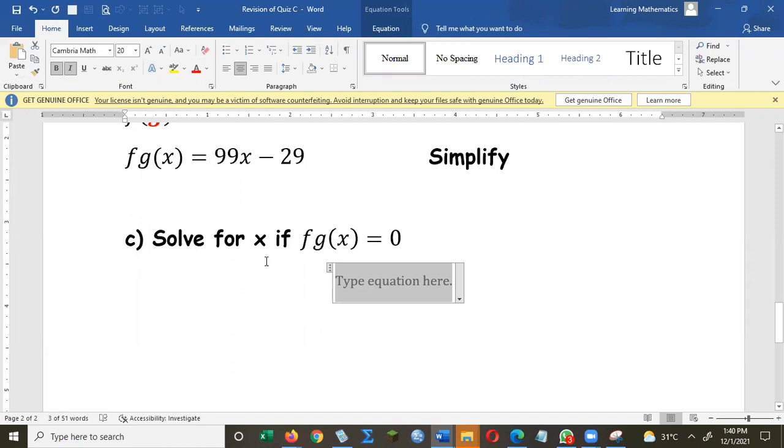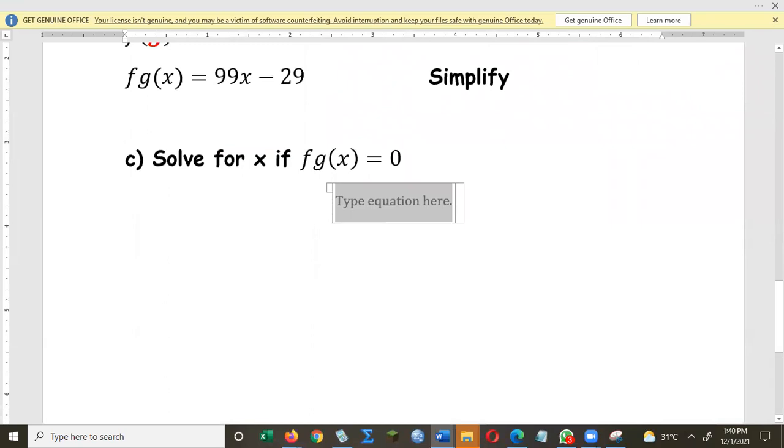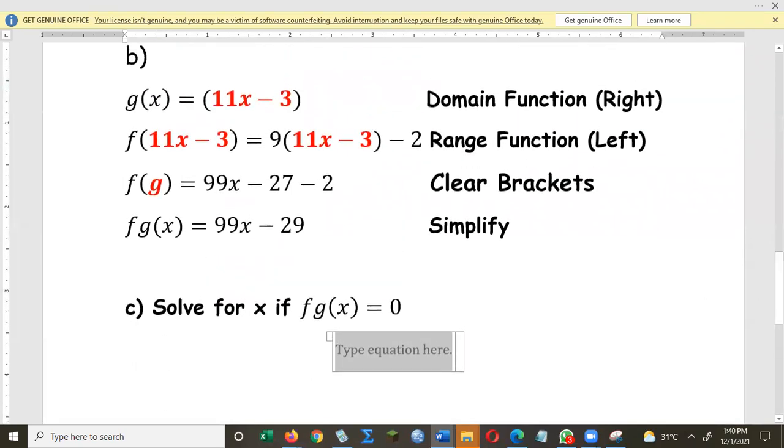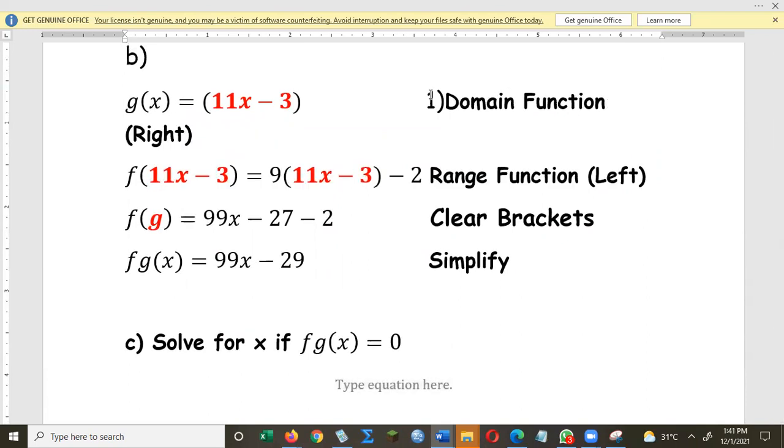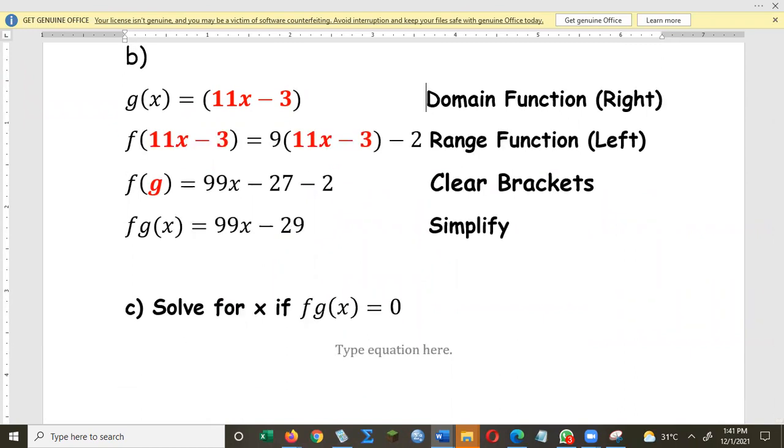It says solve for x if f(g(x)) is equal to 0. So based on that, and based on what we have done prior, I'm trying not to give out too much information. Oh, by the way, these are the steps for composing function. You can call that step number 1, for the person that just joined in. Step number 1, step number 2, step number 3, and step number 4: domain, range, clear, simplify.